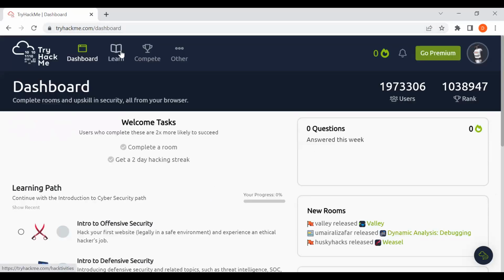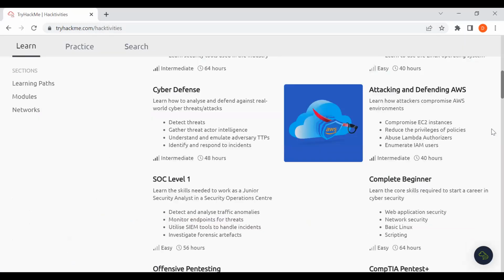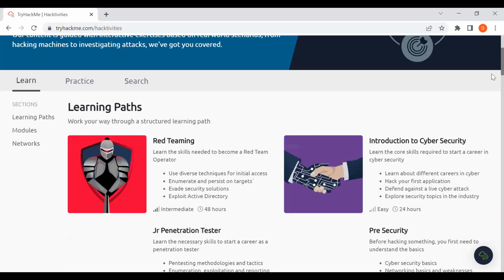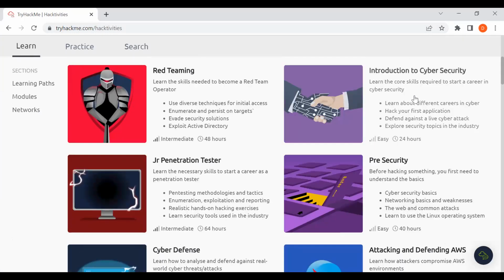So like I told us, we come to learn, right? When you come to learn, you will see all the available learning paths that are here. So please, for this week, I would like us to look at the introduction to cybersecurity, which is very short, and then the pre-security learning path, right?